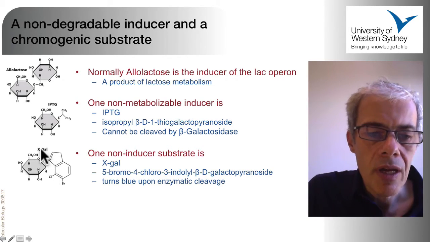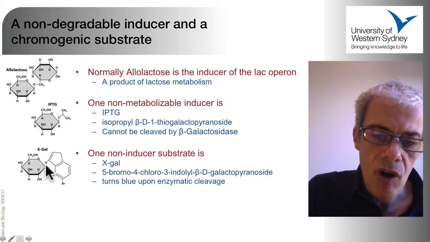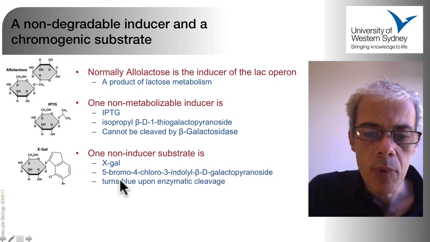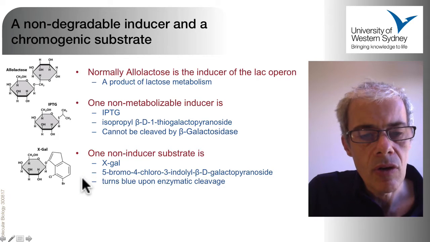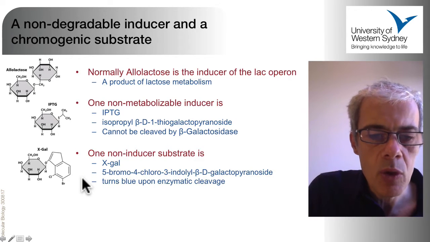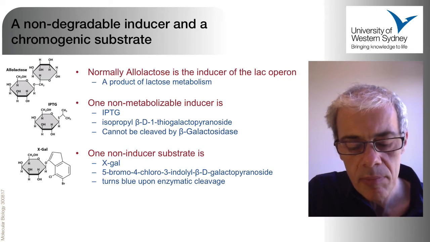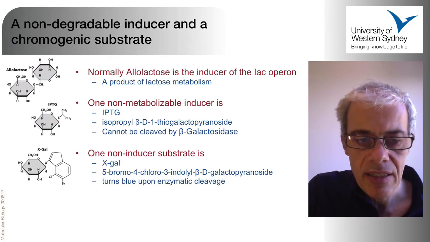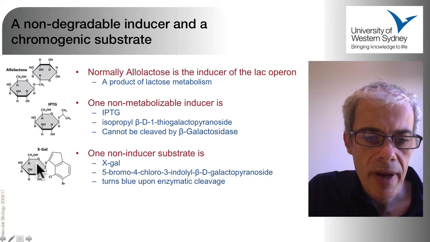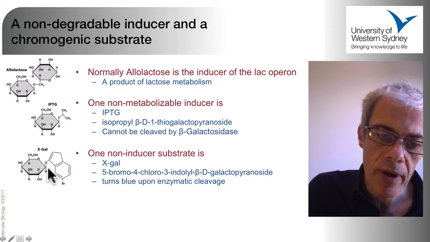When you cleave X-gal, it gives rise to a blue chromophore, a blue color. So if beta-galactosidase, meaning the Lac Operon, is active, then this compound will be converted into a blue compound.